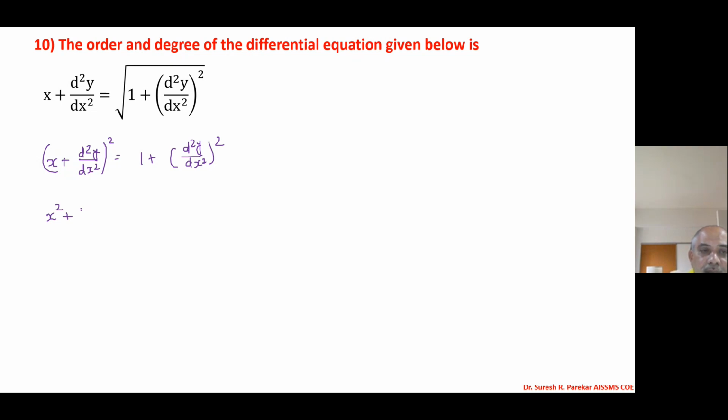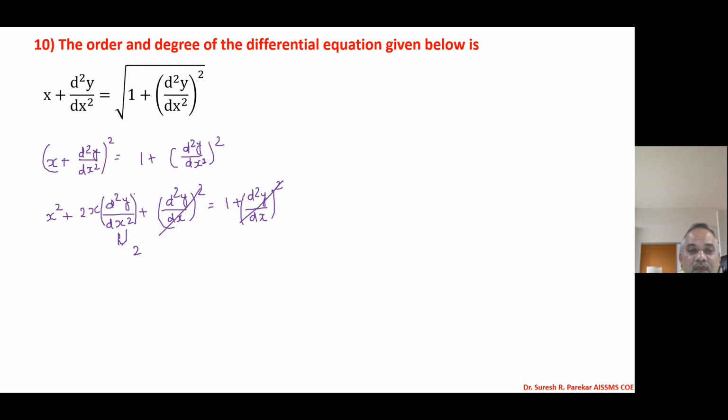So x² plus 2x d²y/dx² plus (d²y/dx²)², which is equal to 1 plus (d²y/dx²)², and this square gets cancelled, and we will now have order 2 and degree 1.